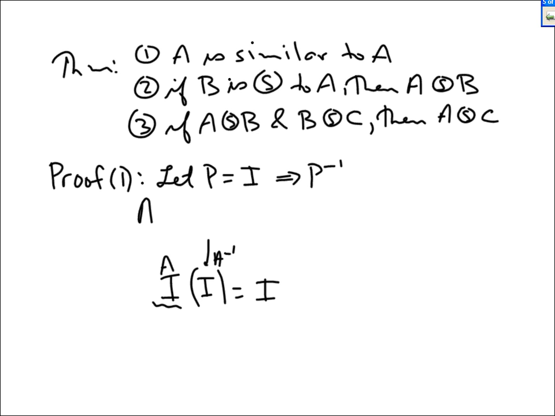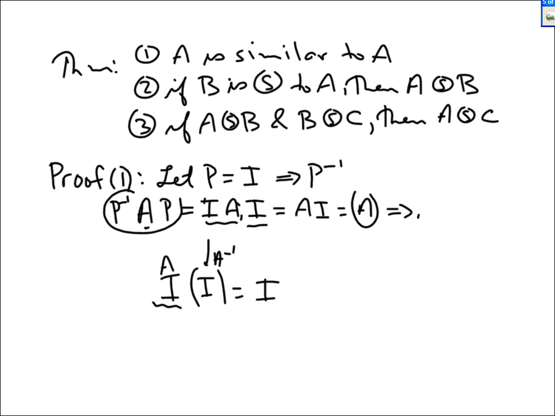Now, A times P inverse times P. So whatever I get here, whatever this equals, it's similar to A. Well, P inverse is I times A times I. Well, I times A is A times I. That's A. So, whatever this equals, namely A, is similar to what's in the middle.